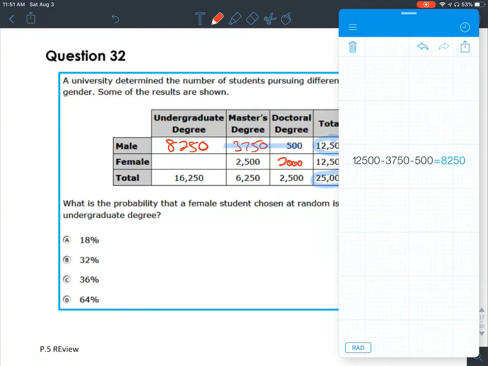And then to get this number here, you can get it in a couple different ways. The easiest way is to take 16,250 minus 8,250. And that gives me 8,000.